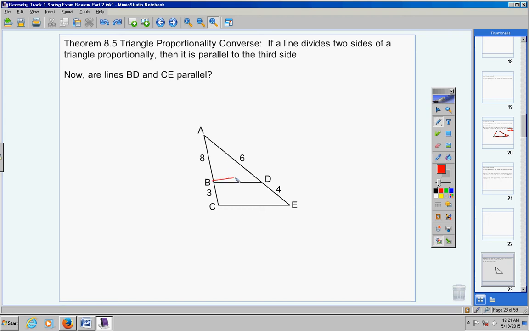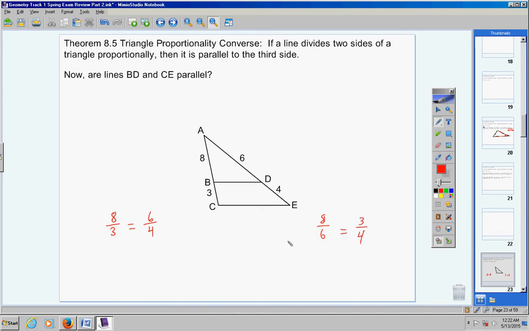Okay, is this line here parallel to this line here? Well, let's see. First of all, we've learned we can say 8 over 3 equals 6 over 4. Another way we can do this is to say as 8 changes to 6, 3 changes to 4.